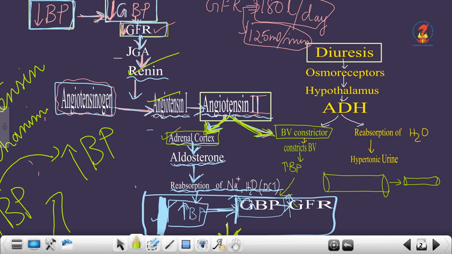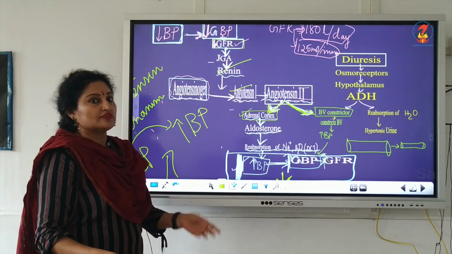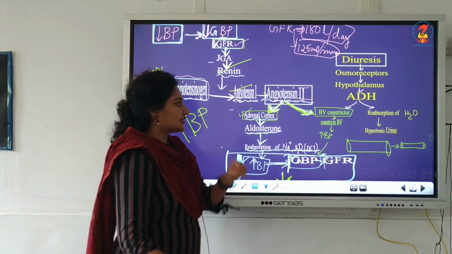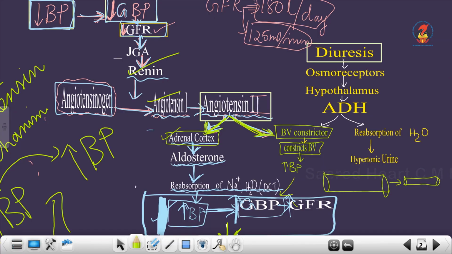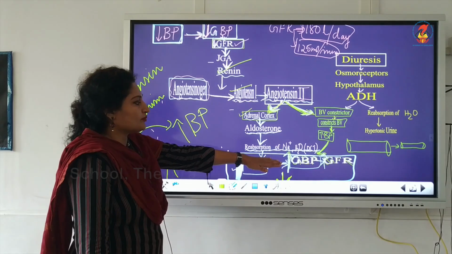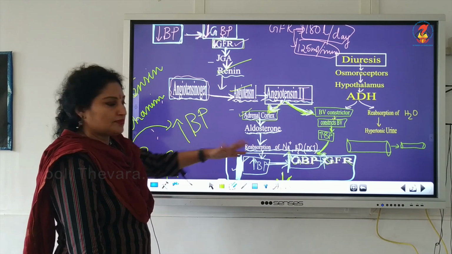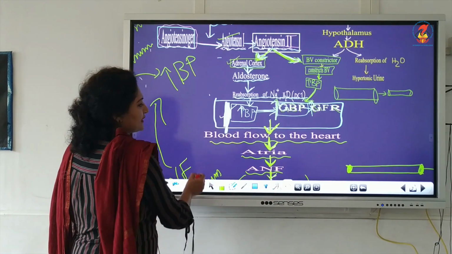One is how it acts on the adrenal cortex, we saw that route, and the other, angiotensin 2 itself, is a vasoconstrictor and brings about constriction of the blood vessel, and when the blood vessel constricts, the BP increases, and the glomerular blood pressure increases, and therefore the glomerular filtration rate has increased. We saw finally how the glomerular filtration rate has increased. But that should be checked, and that checking is done by the heart.